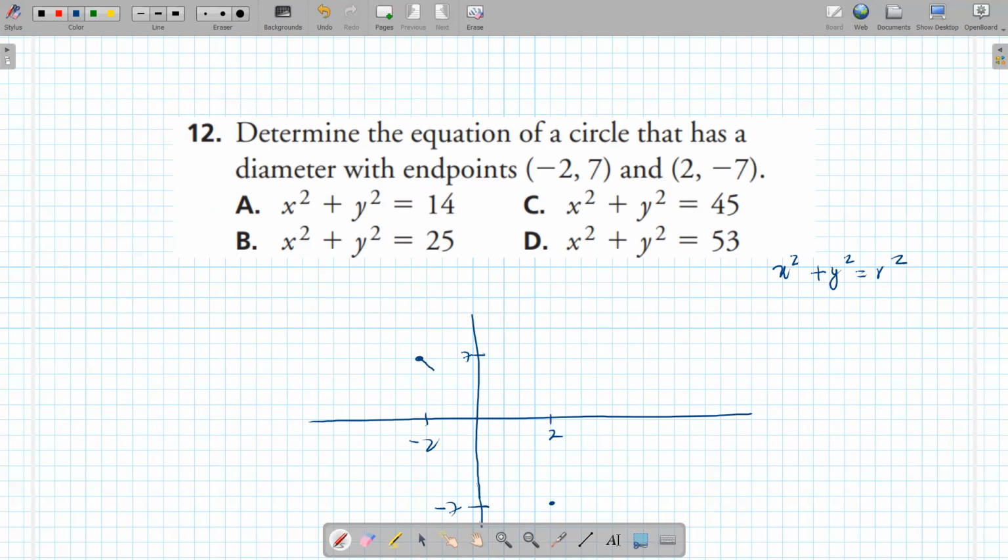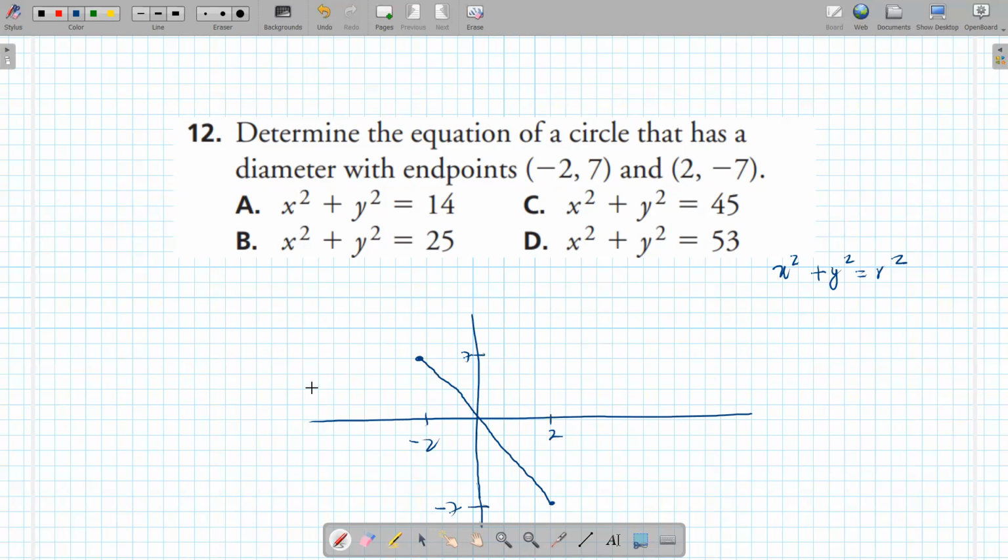Now this is the diameter, right? How do you find that length? Length is just the distance between 2 points.